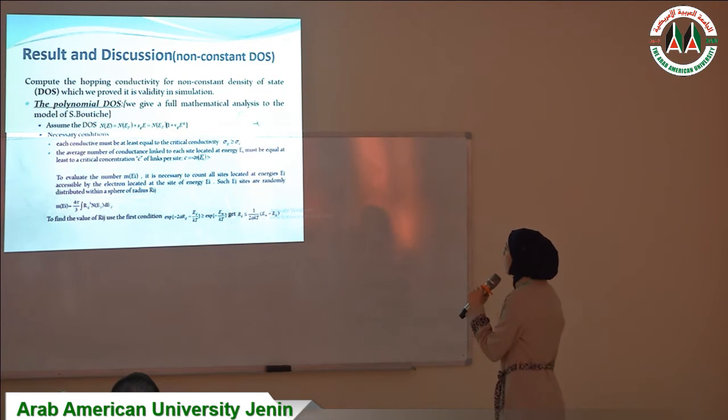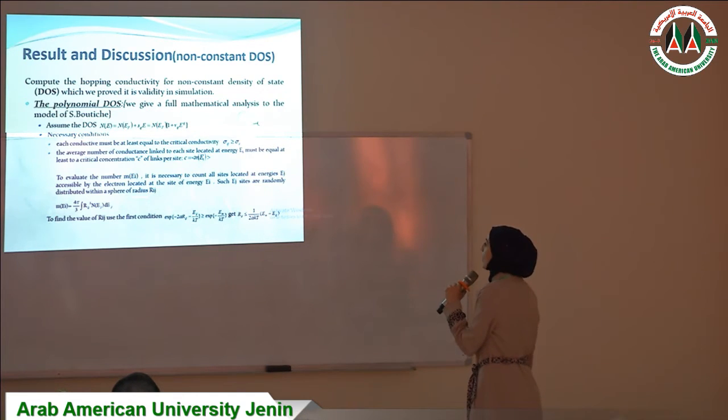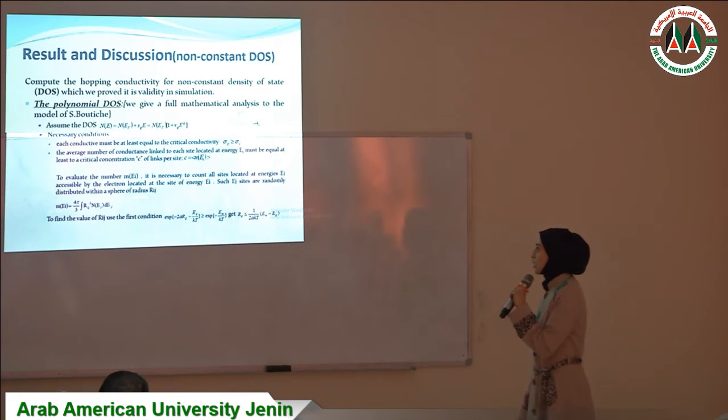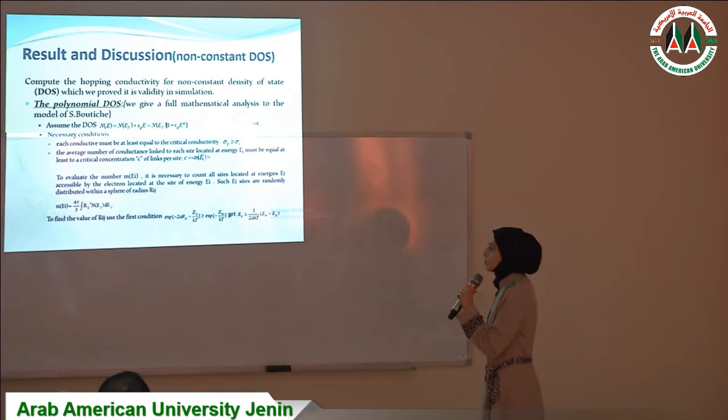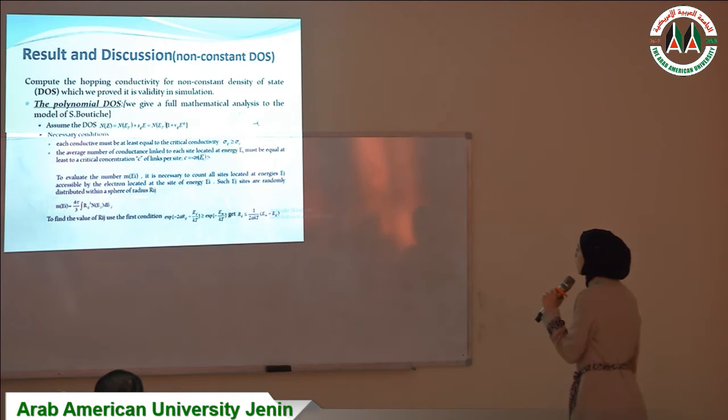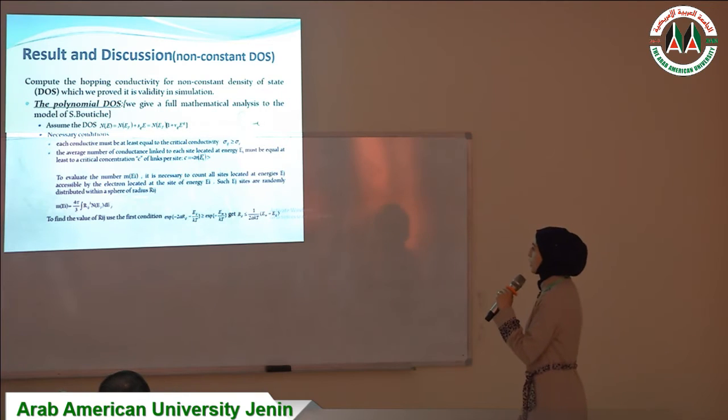The other one, the average number of conductances linked to each site located at energy E_i must be at least equal to the critical concentration C. So C equals the average number M(E_i).